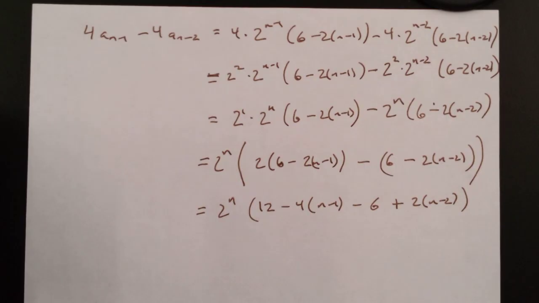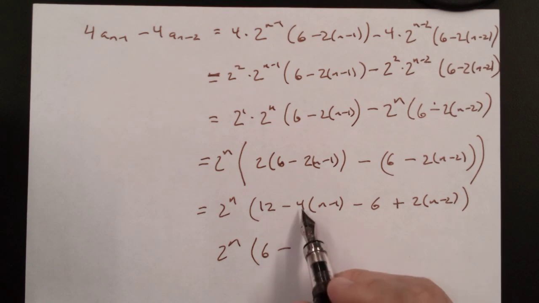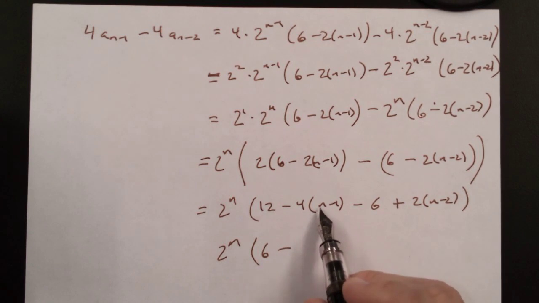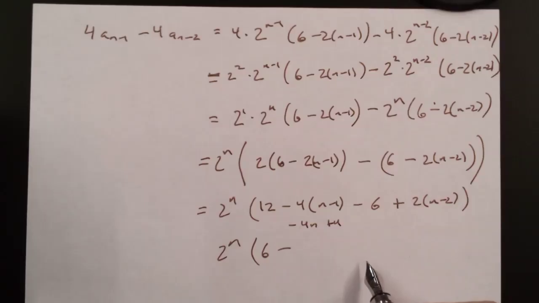Wait, 12 minus 6. I'm already happy. 6 minus 4n plus 4, right?